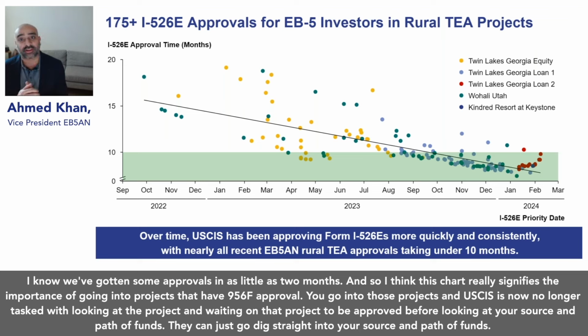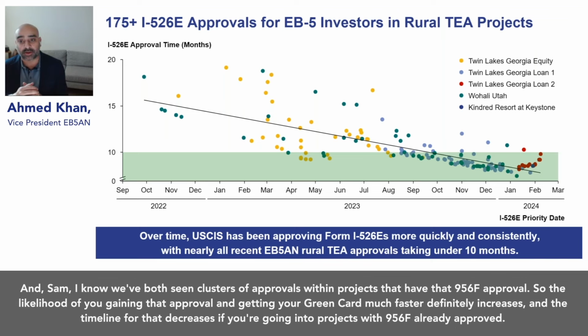They can just dig straight into your source and path of funds. And Sam, I know we've both seen clusters of approvals within projects that have that I-956F approval. So the likelihood of you gaining that approval and getting your green card much faster definitely increases, and the timeline for that decreases if you're going into projects with I-956F already approved.